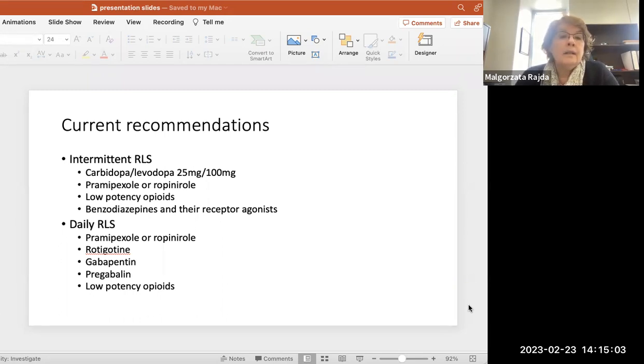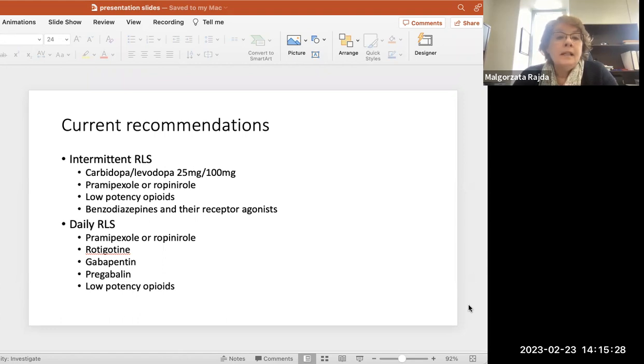My first line would be the Sinemet, or carbidopa-levodopa combination, in a small dose. If that doesn't work, I would move on to dopaminergic agents, or low potency opioids have also been quite helpful. But again, in the elderly population, we want to be careful about that.